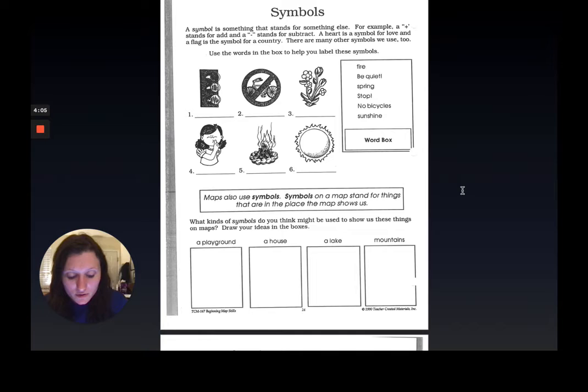So for number 1, this one's a little bit tricky to see in the picture. So let's go through our list. So we have fire, be quiet, spring, stop, no bicycles, and sunshine.